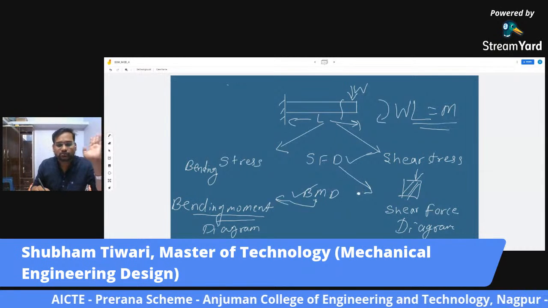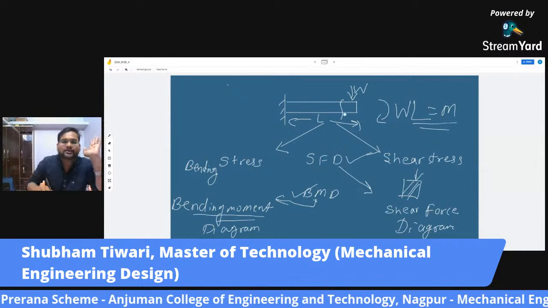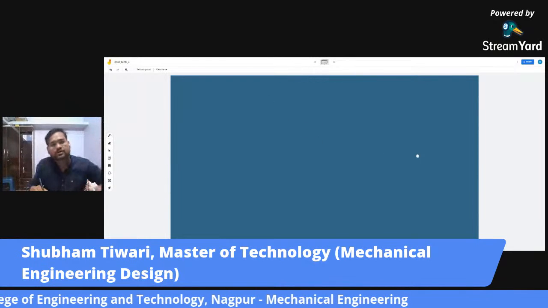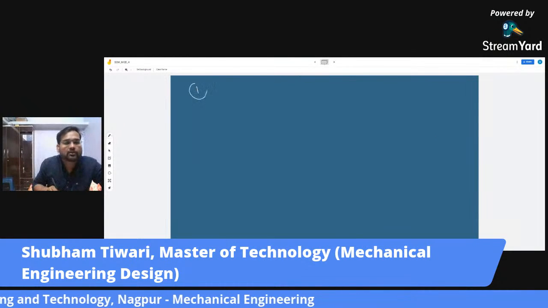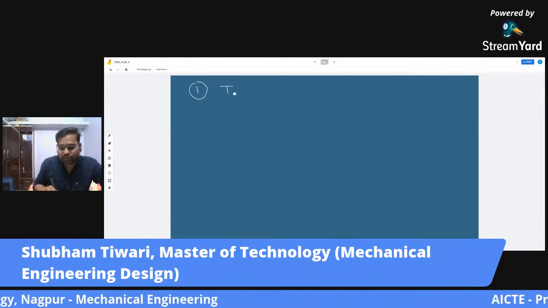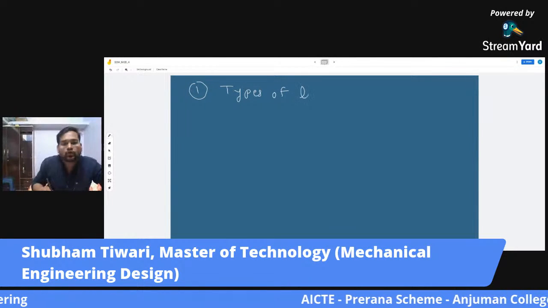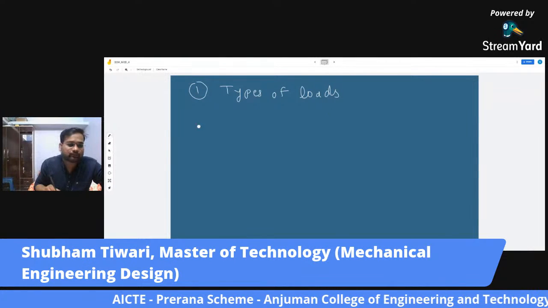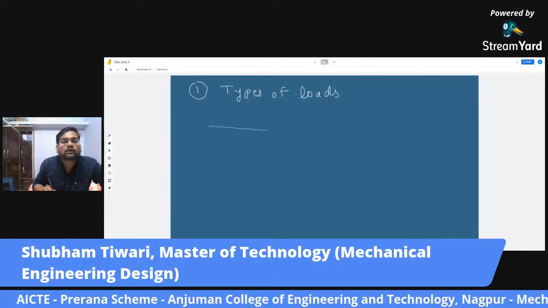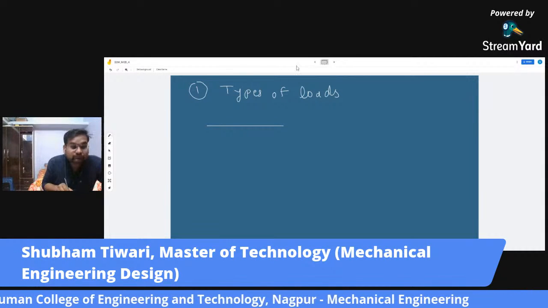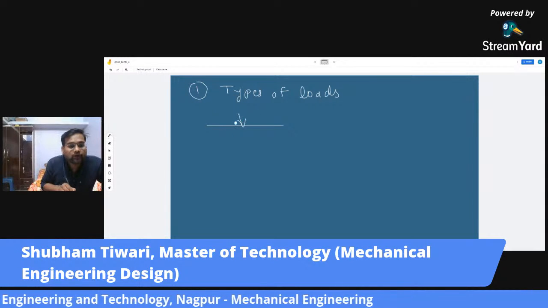So let us now move forward and start this topic. First of all, let me tell you about the types of loads that we are going to see. The very first load that we have is a point load.